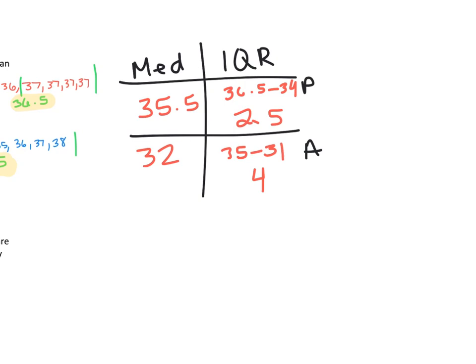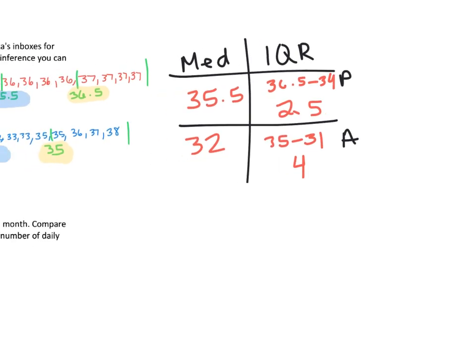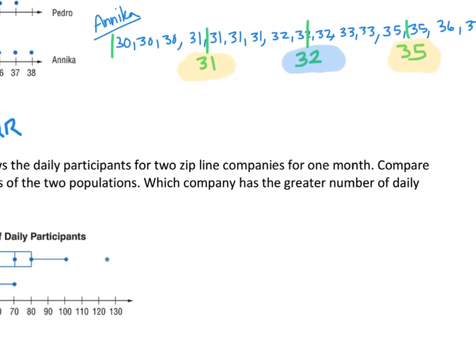So we can see from here that Pedro has a higher measure of center and a lower measure of variation than Anika.